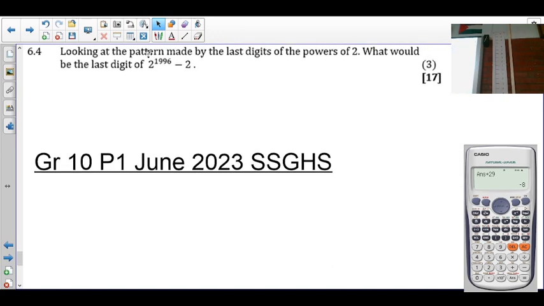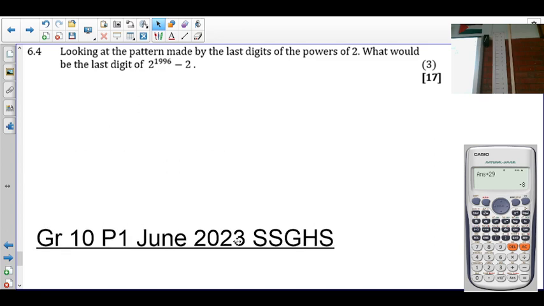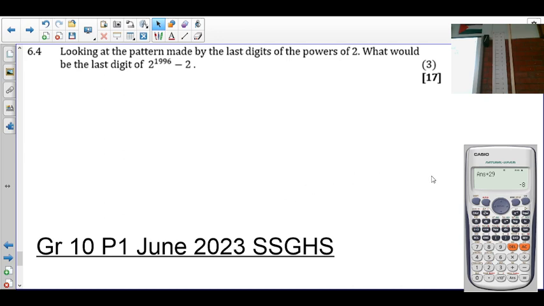And then in 6.4 it says, looking at the pattern made by the last digits of the powers of 2, what would the last digit of 2 to the exponent 1996 minus 2 be?